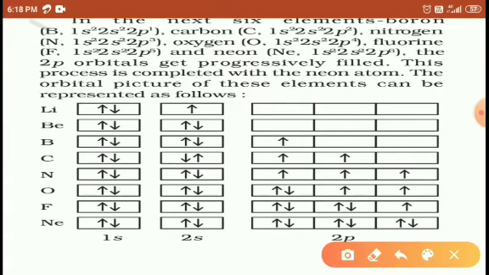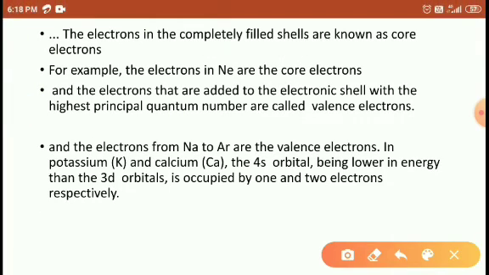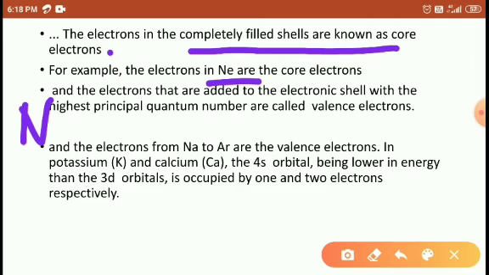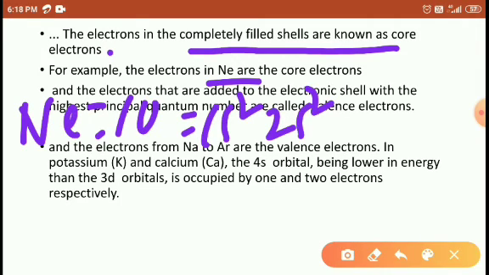So we have to fill singly, right? We fill singly until all the orbitals are singly occupied. Electrons completely filling an orbital are known as core electrons. For example, neon, atomic number 10: 1s2, 2s2, 2p6.